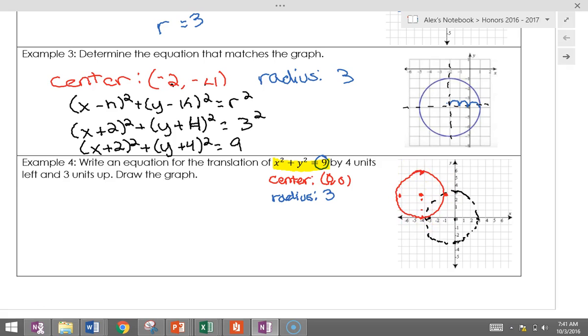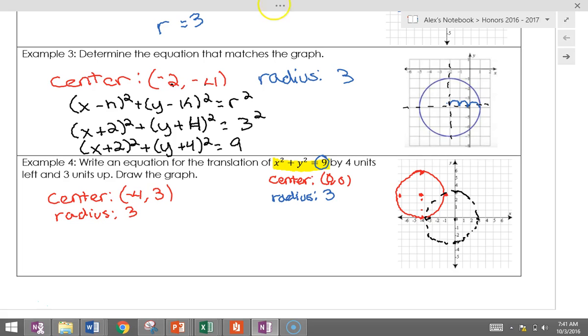So for this new circle, my center is negative 4, positive 3, and my radius is still 3. So now I'm going to do the same thing.